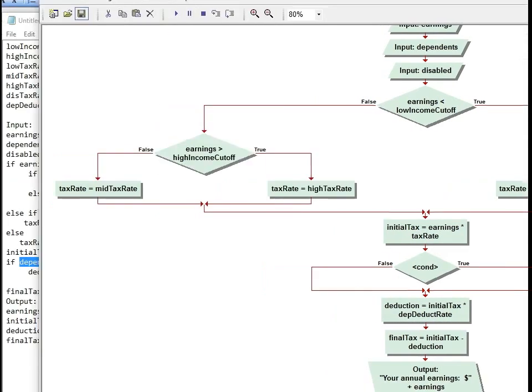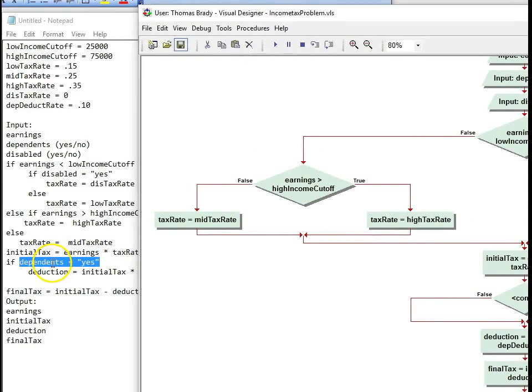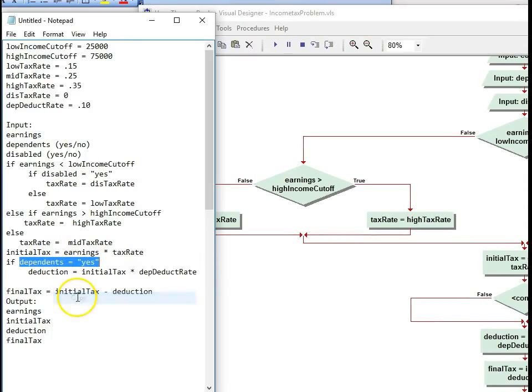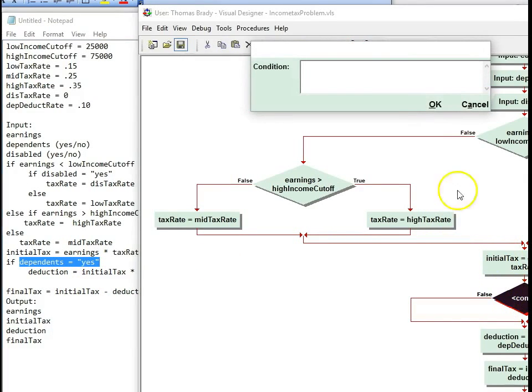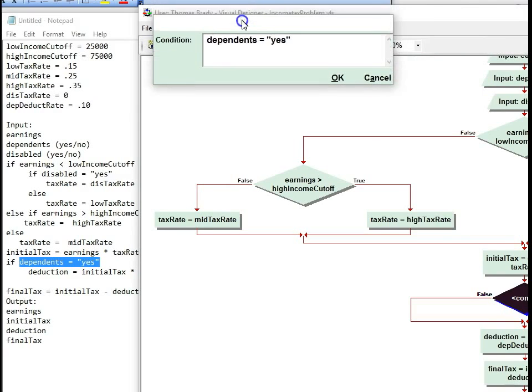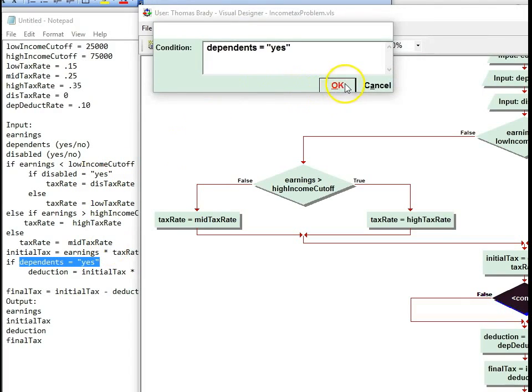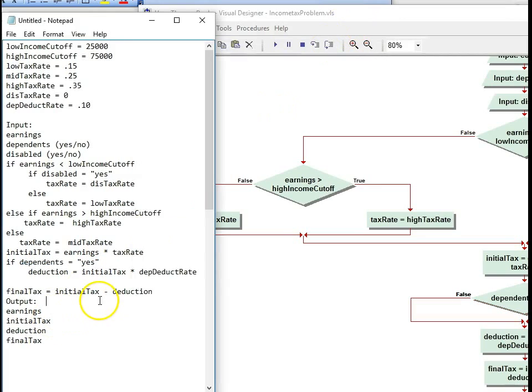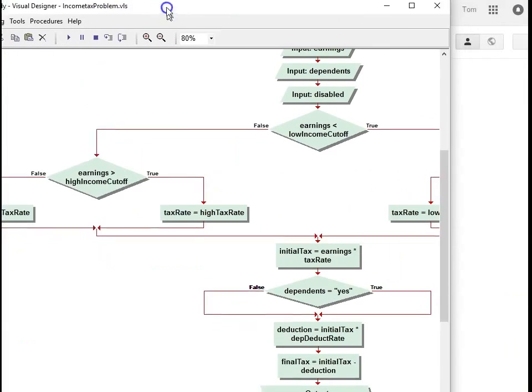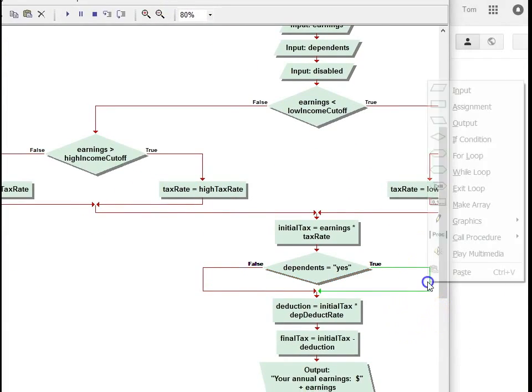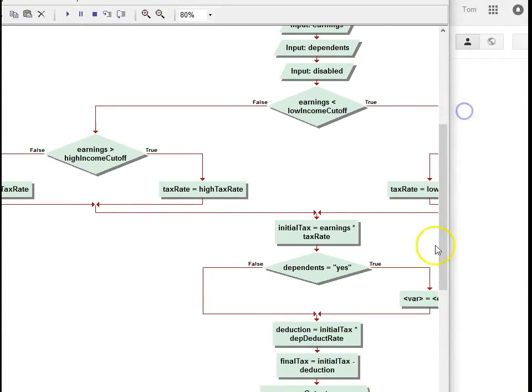All right, so we want to copy this and paste this in here. All right, so if they have dependents, then we have to do this deduction math. Okay, we don't do anything. So that's assignment.